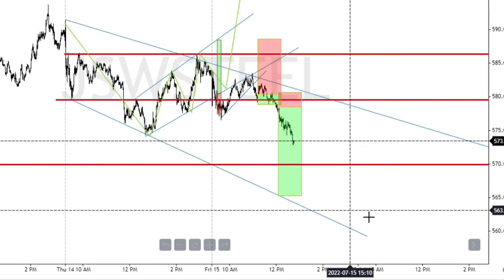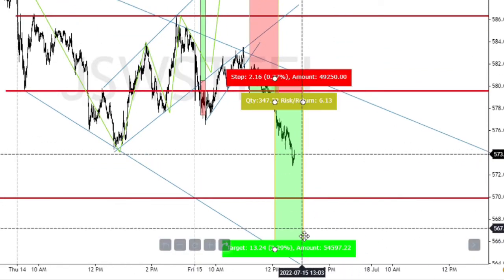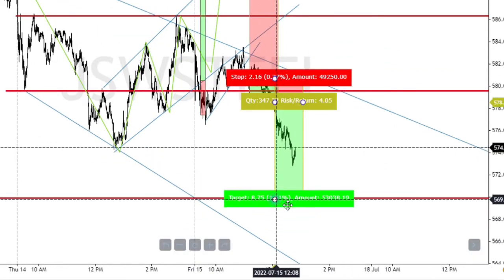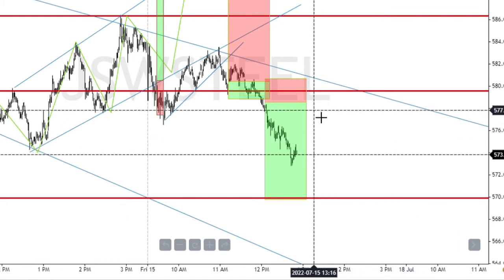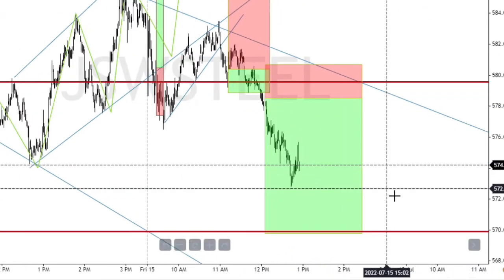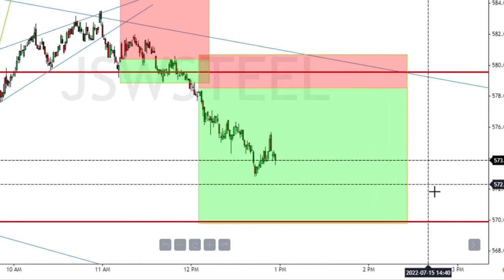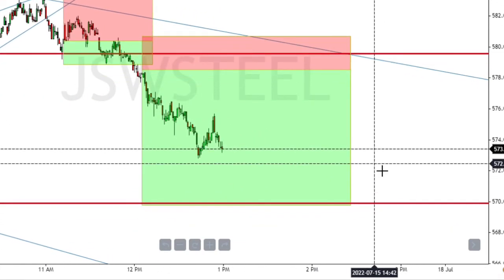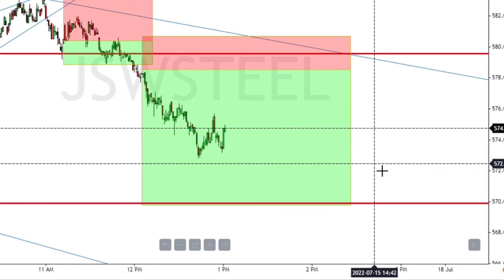Okay, this will be the target, and my risk to reward will be 1:4. So if it hits the target, then I'll be in a good profit. The loss will get recovered and my profit will double.